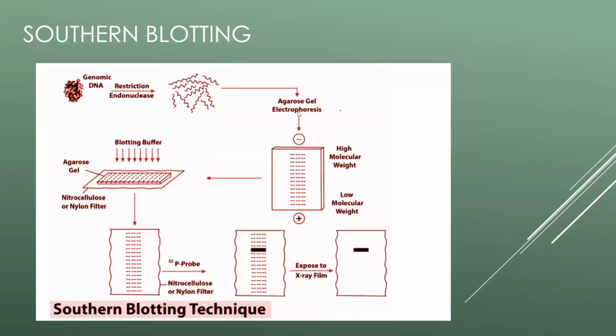Agarose gel electrophoresis refers to the movement of charged molecules in an electric field. The negatively charged molecule moves towards the positive electrode, while the positively charged molecule migrates towards the negative electrode.